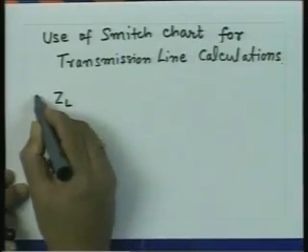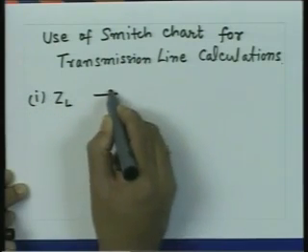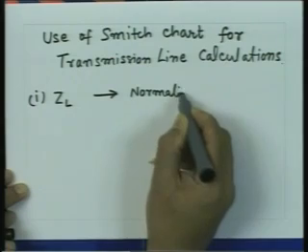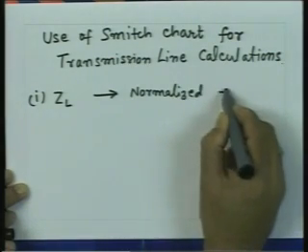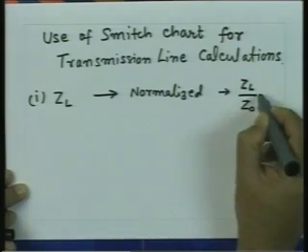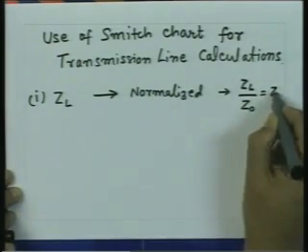So, let us say my impedance was ZL. The first step which I do is normalize it to get ZL upon Z0, which is Z bar.